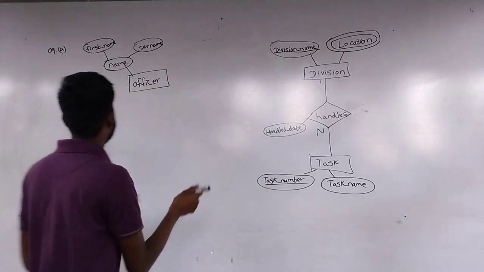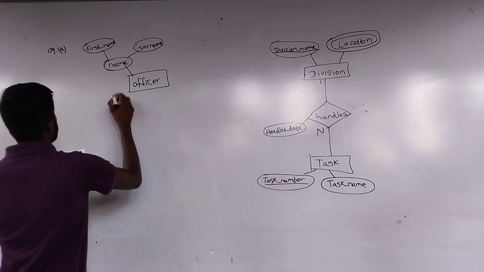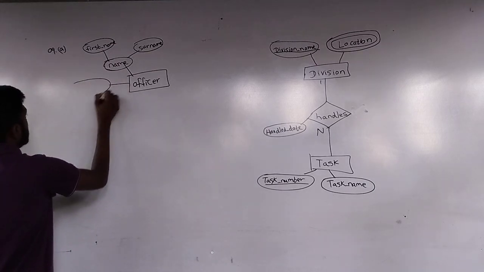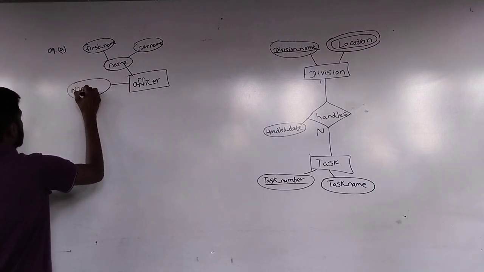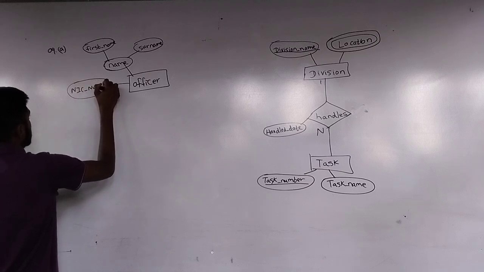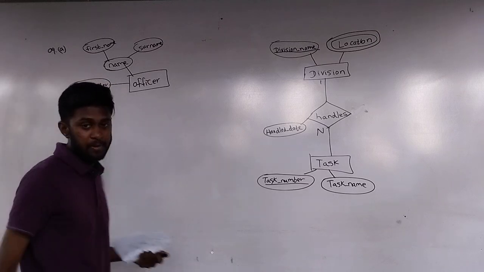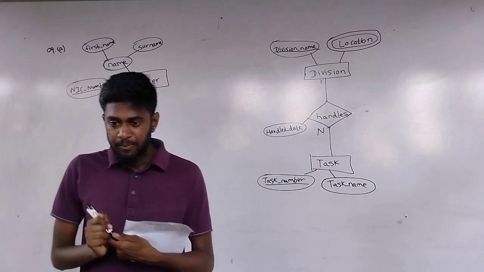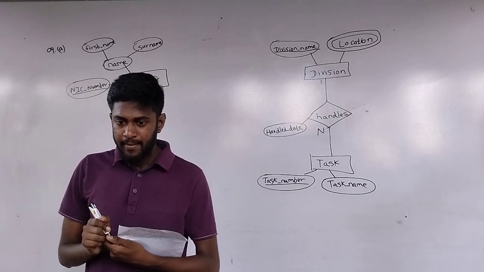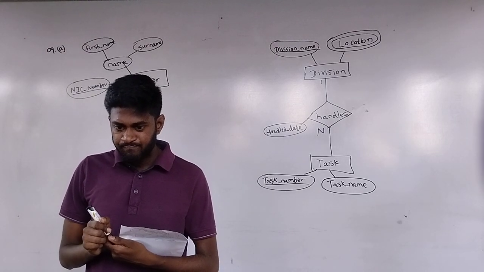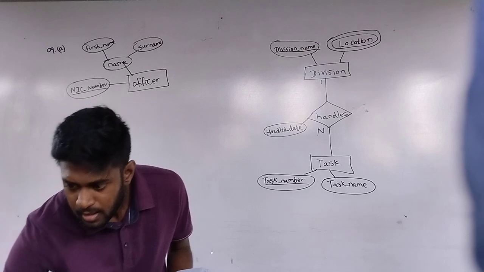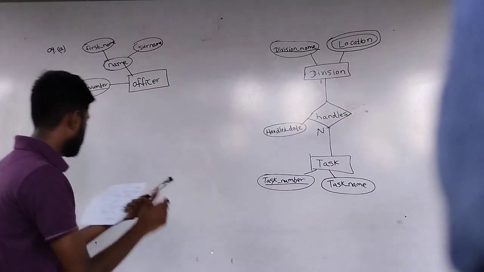Right. NIC number. So let me say here the attribute NIC number, and let me make that a primary key. Then address and phone number.